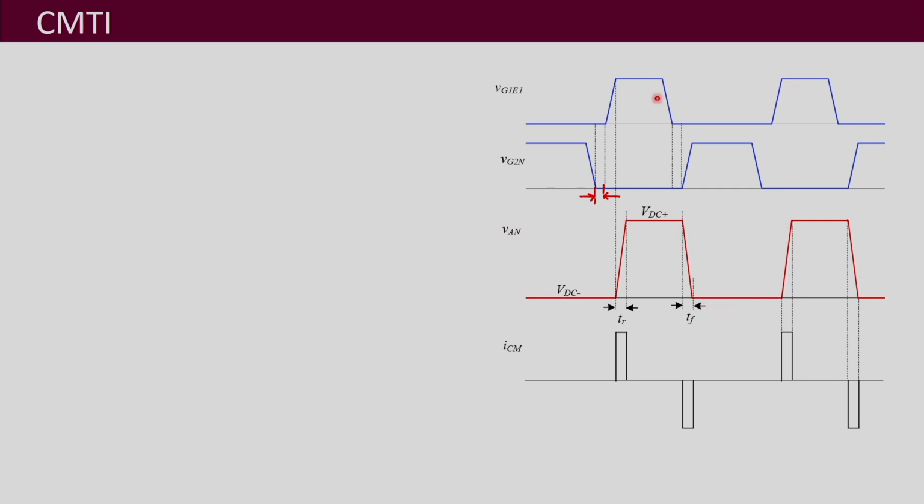It will be more or less following this VG1 E1. And there will be certain rise time for the voltage to go from VDC minus to VDC plus, and when it is coming down, for it to come from VDC plus to VDC minus. So this time, we are calling it the rise time and the fall time.